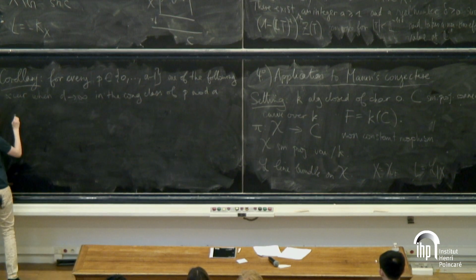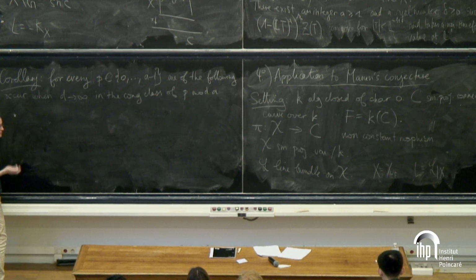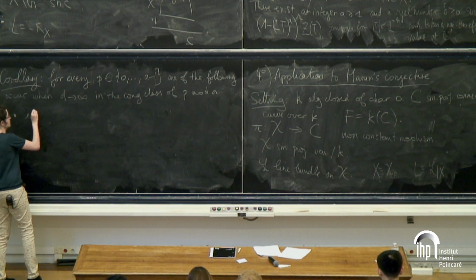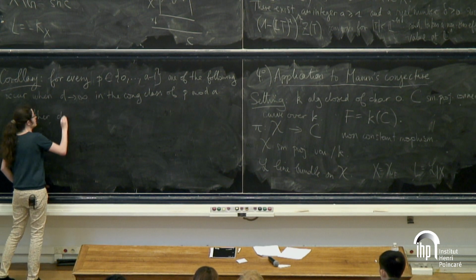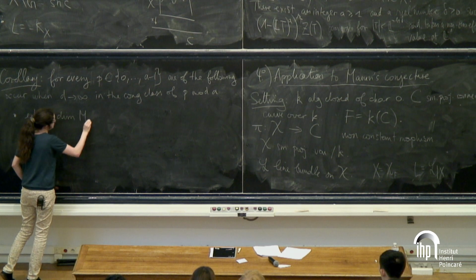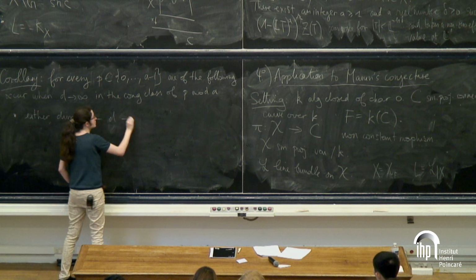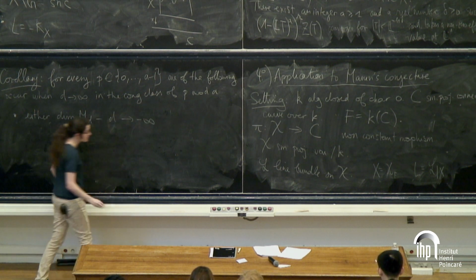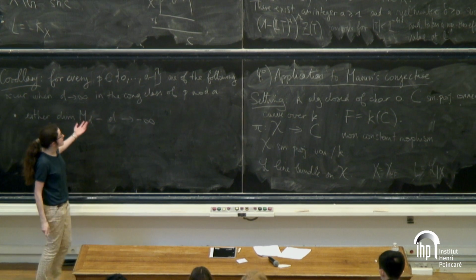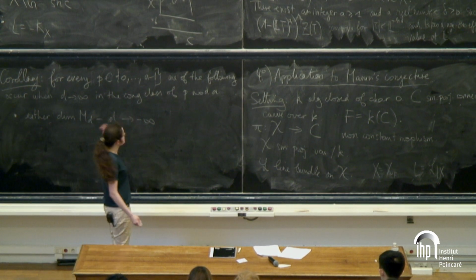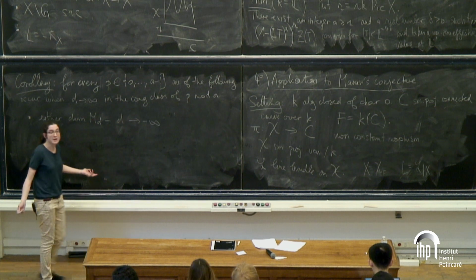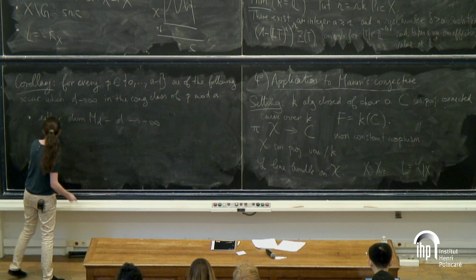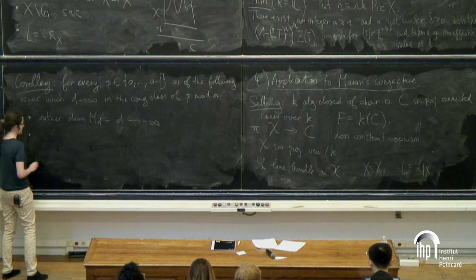So there's two cases. The first one is the less interesting one, which is that dimension of M_D minus d goes to minus infinity. So this includes in particular the case when all the M_D in some congruence class are empty, which might very well happen. So this is the less interesting part.